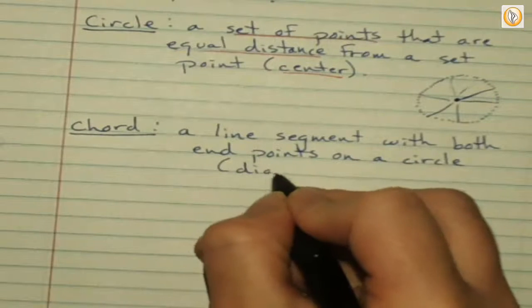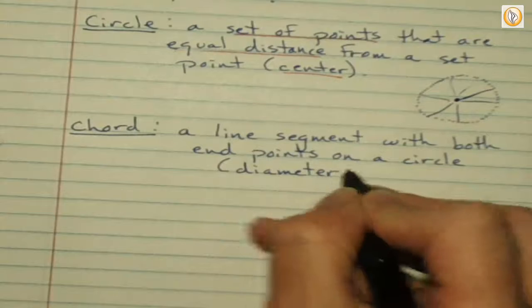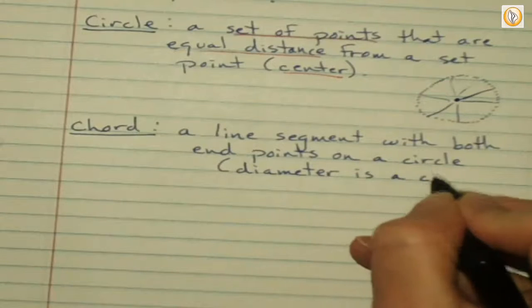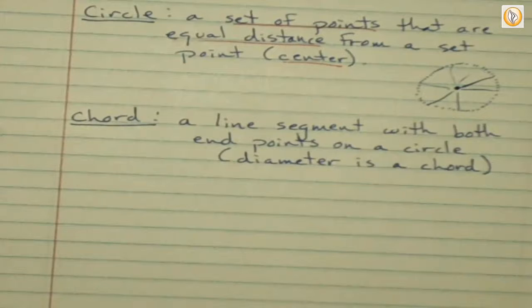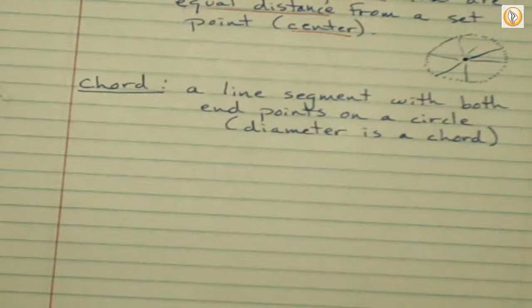And you need to know that a diameter, which we're about to talk about, is a chord. So chord is a line segment with both endpoints on a circle. And I'm going to give you some examples on that.